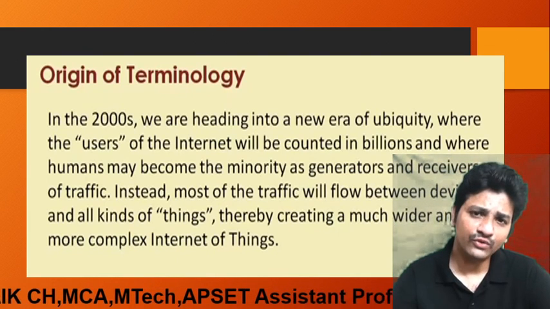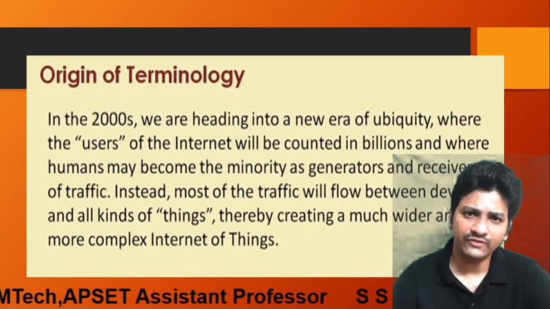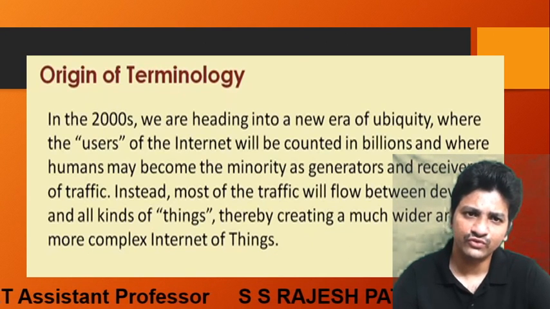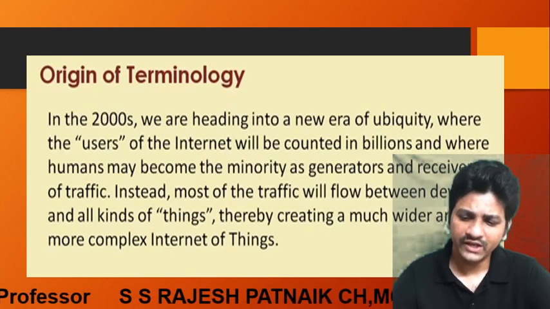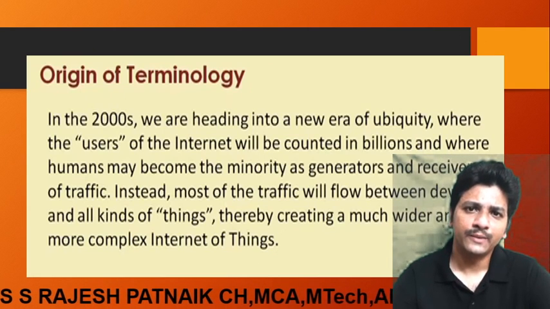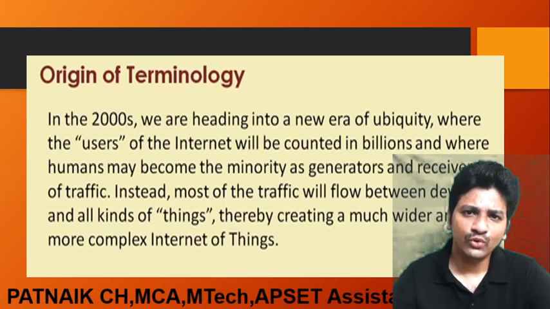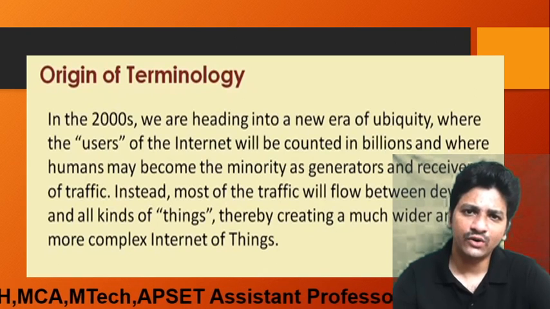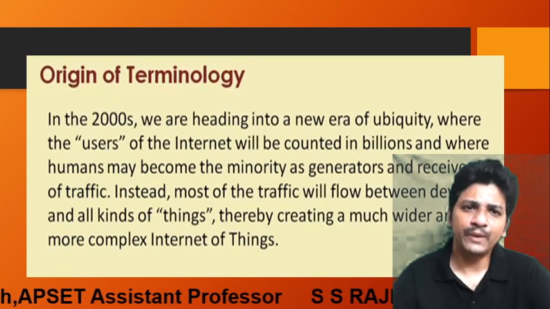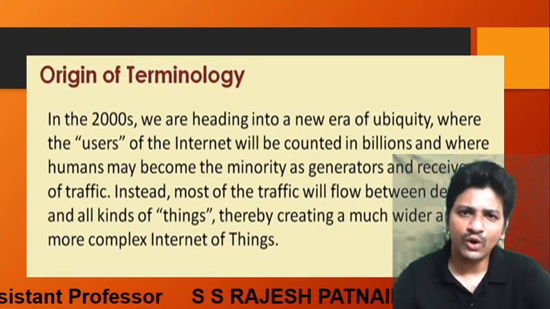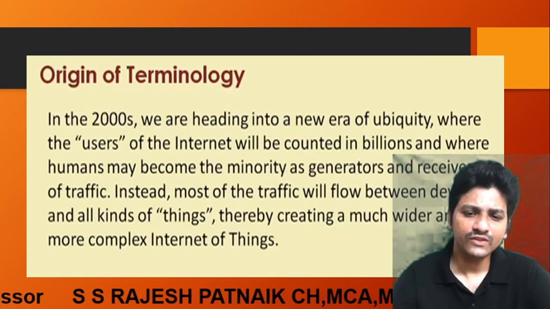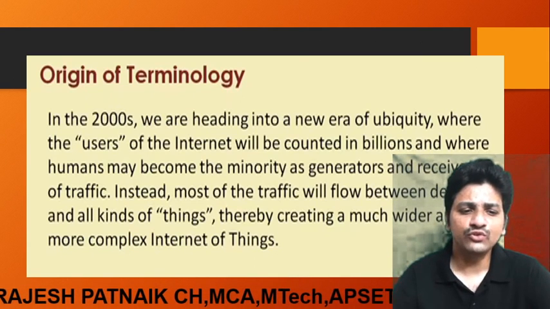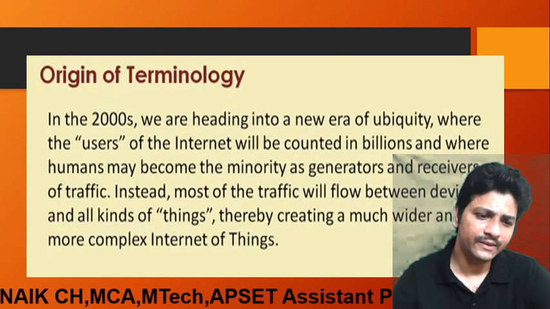In the 2000s, the internet was one of the major things used to retrieve data globally. So many things were connected over the internet to perform very smart things. Generally humans will not generate that type of traffic.